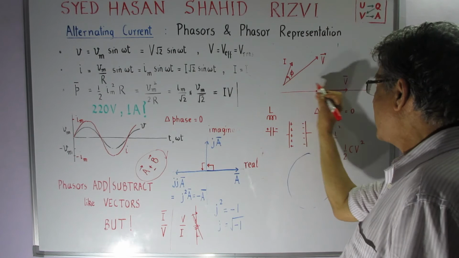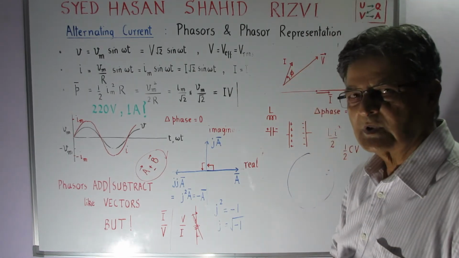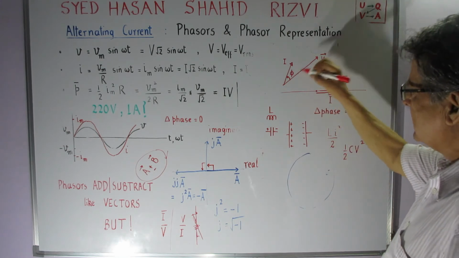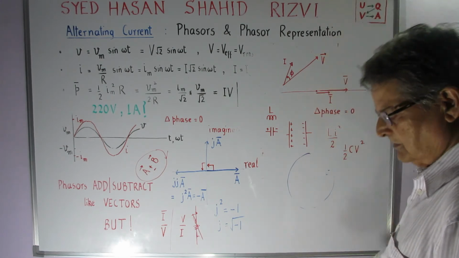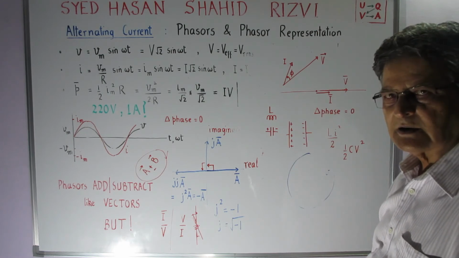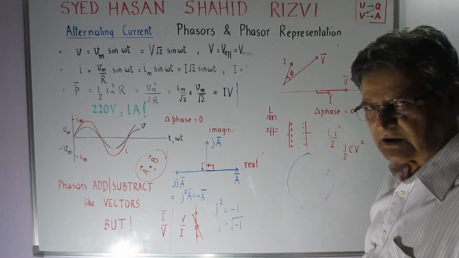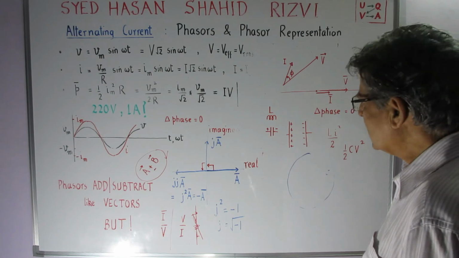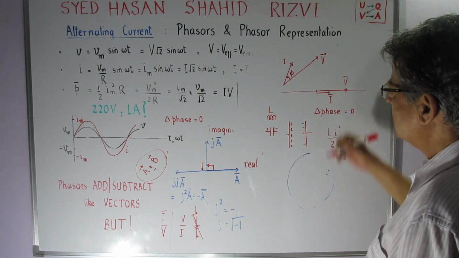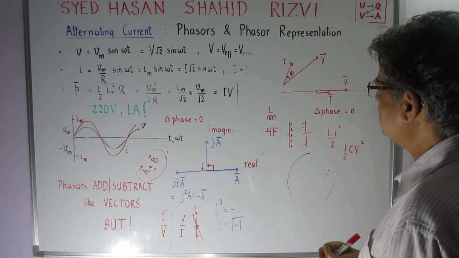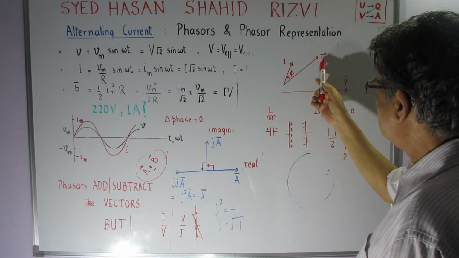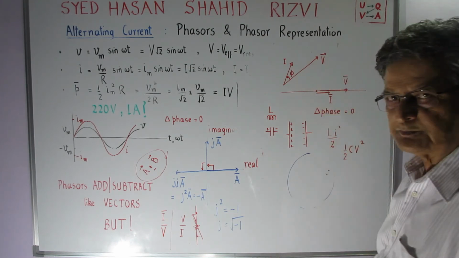The axes are the same, but it shows that whatever be the contents of the circuit, R, C, R, L, R, L, C, whatever, in this case the current phasor is always ahead of the voltage phasor.